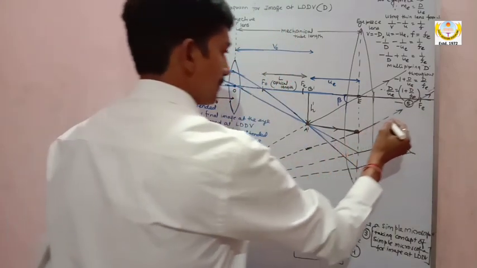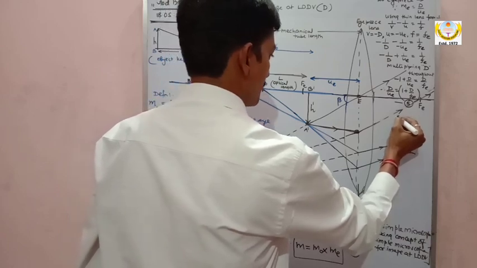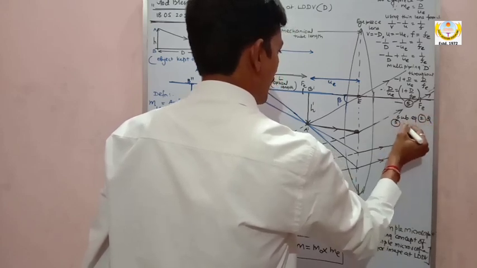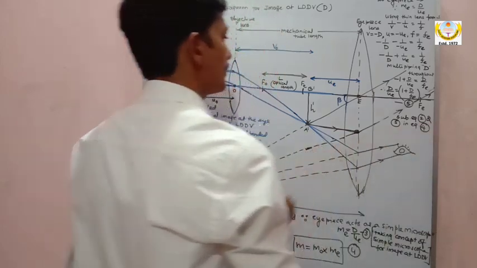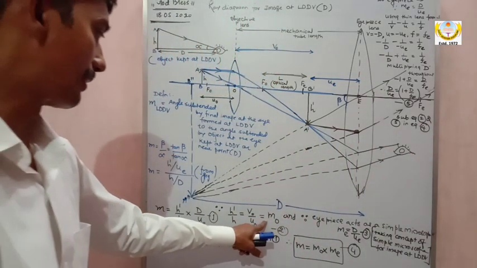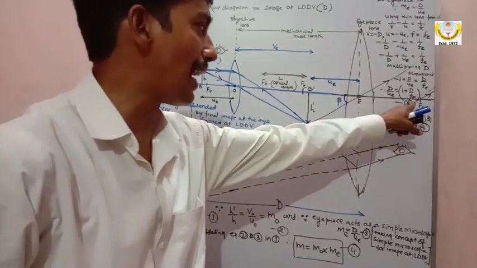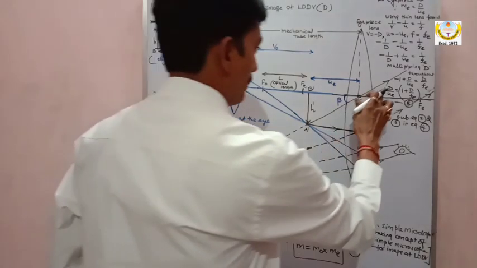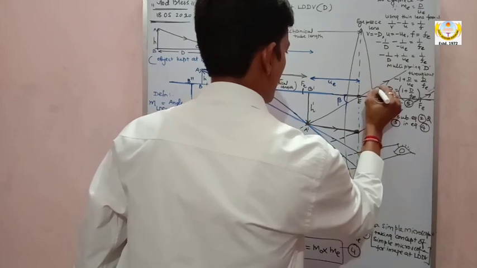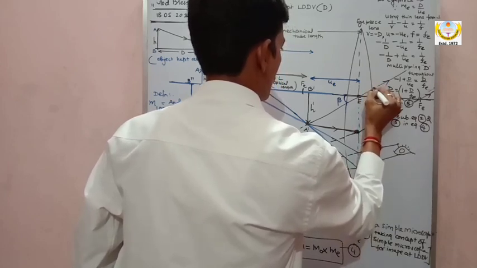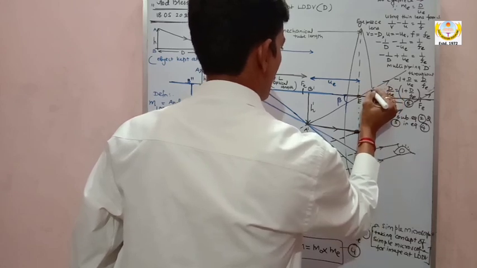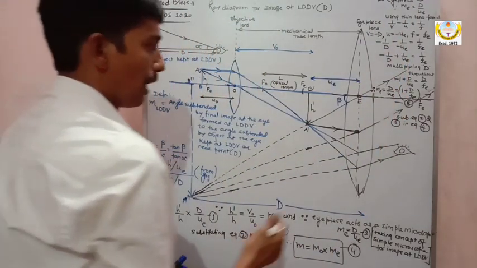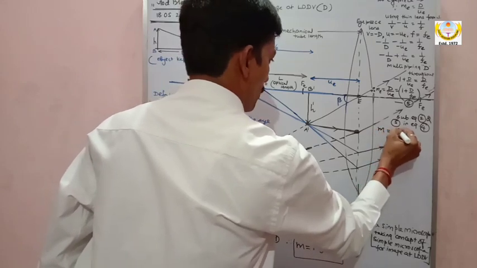So if I substitute equation 2 and equation 5 in equation 4, because this is your ME, M is equal to MO into ME.